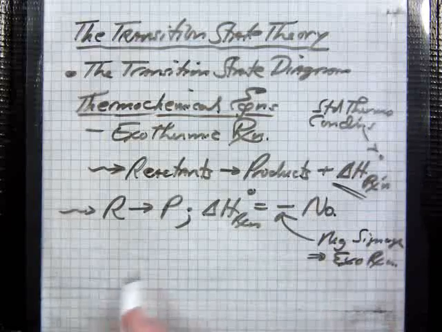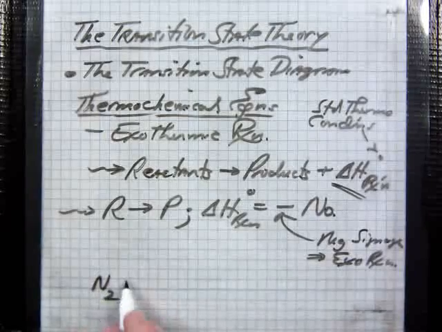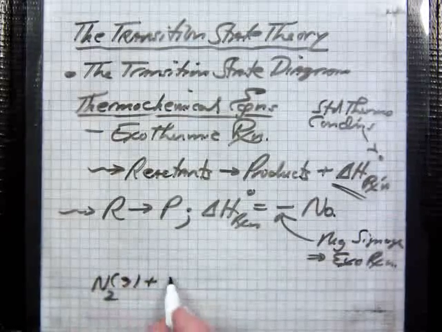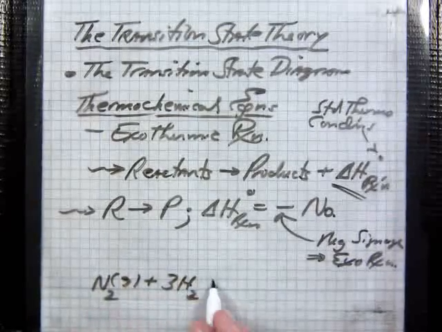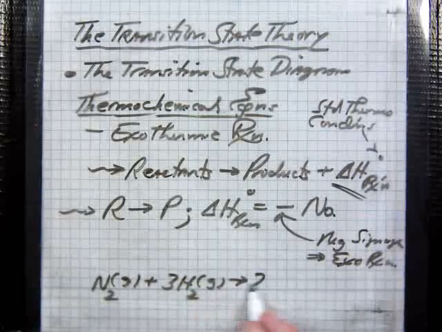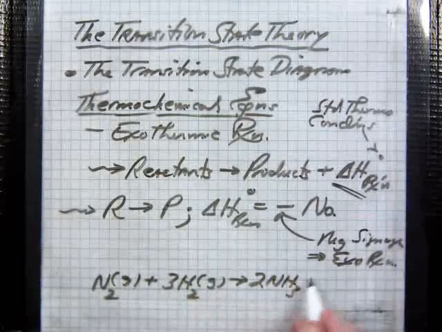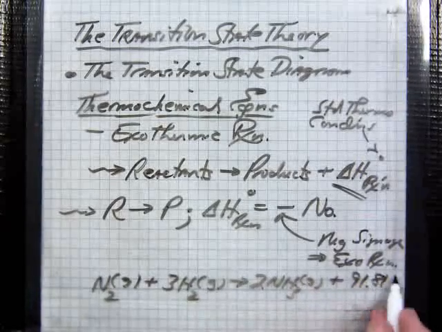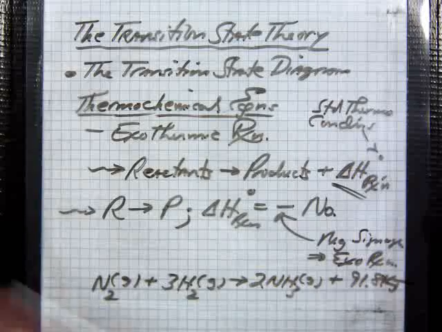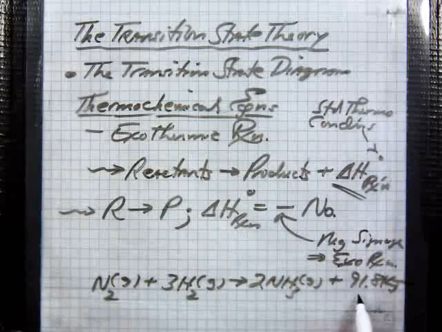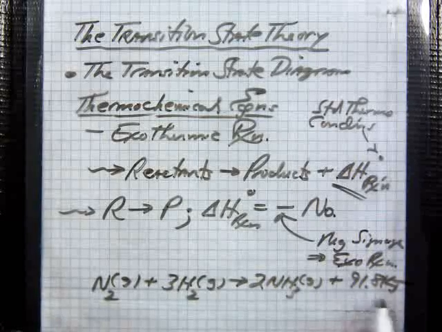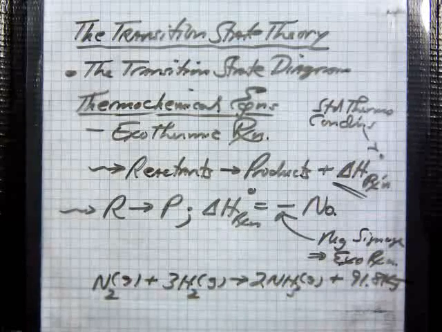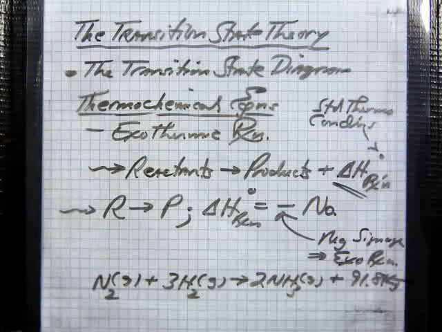Here's an example of that. Ammonia is produced by this reaction called the Haber reaction. And you can write it as 91.8 kilojoules. So that's one way, and the number is over here on the product side. And you don't put negatives in the equation, plus on the product side.